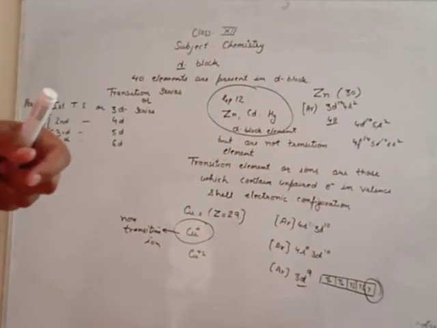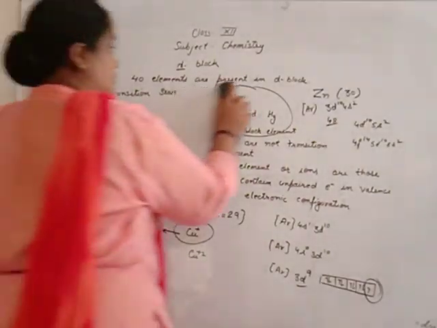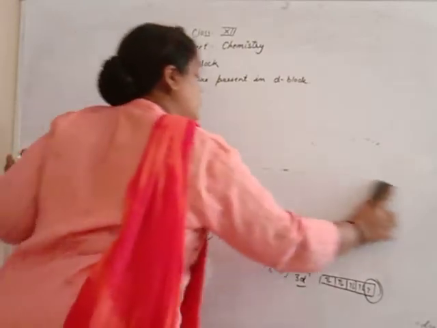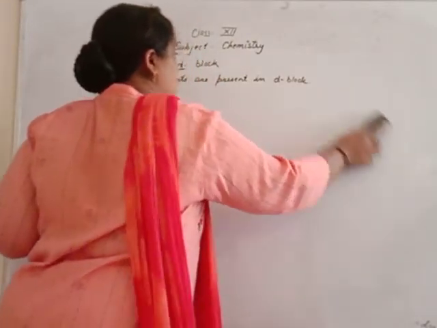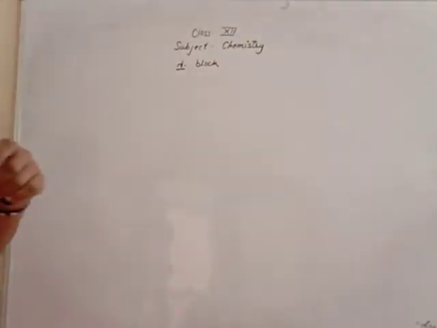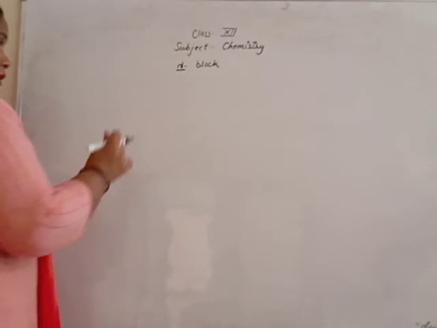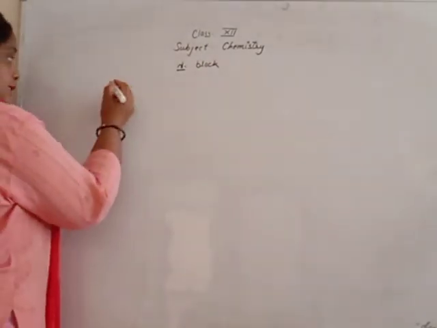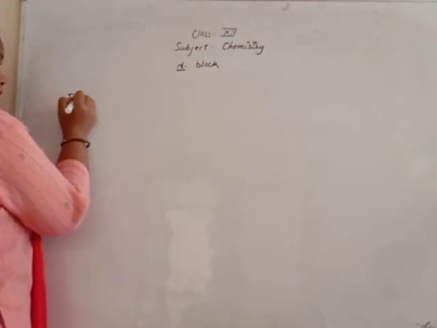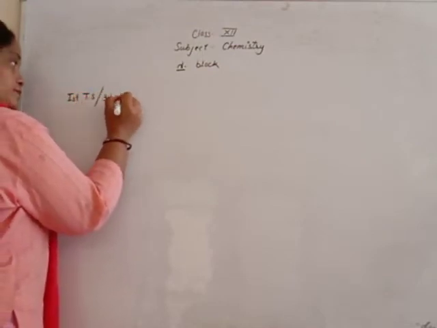Now you will learn the elements of the first series. Beta, you will draw this. You will learn these minimum elements that I will write on the board, that is the first transition series, or 3d series.